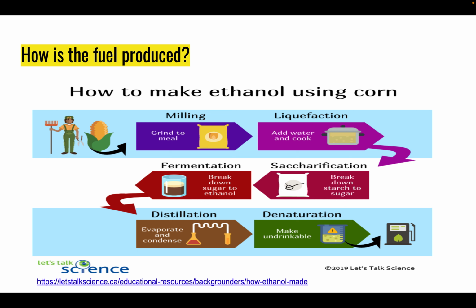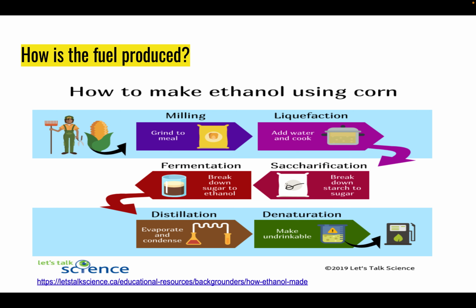saccharification, where we use the starch, those complex carbs, and turn that into sugar, which leads us to our fourth step, fermentation, where we take that sugar and add it to the yeast and break the sugar down to give the yeast energy and turn it into ethanol.